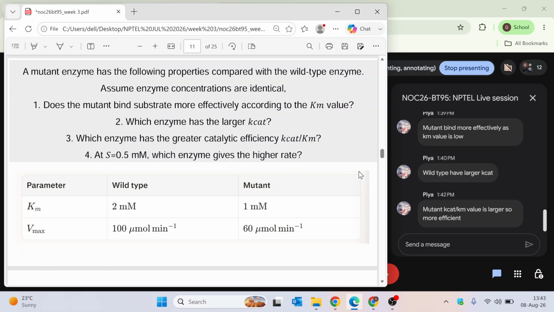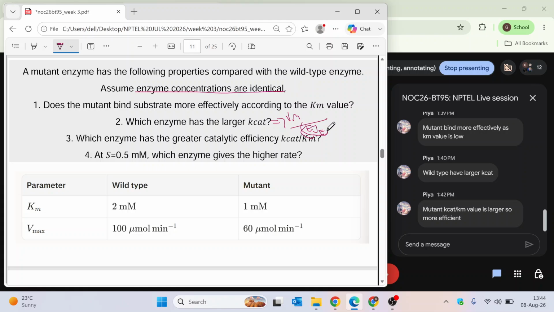So the mutant enzyme will bind more effectively to the substrate. And next, talking about the turnover number, the kcat value. The turnover number has a formula of kcat is equal to Vmax by total enzyme concentration. Here you will have to find it based on Vmax by your enzyme concentration, but it is given that the enzyme concentrations are identical.